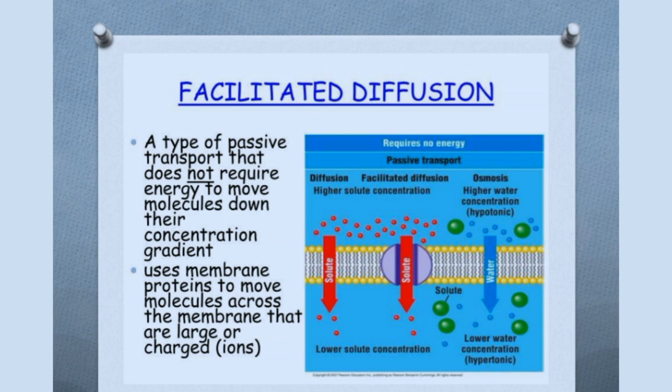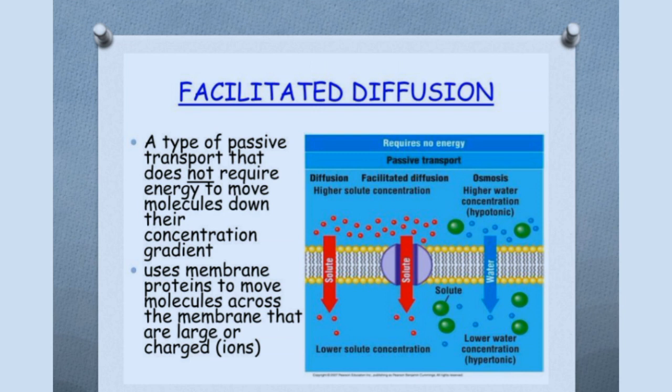It is a type of passive transport that does not require energy to move molecules down their concentration gradient. So here they use the membrane proteins to move molecules across the membrane that are large or charged or ions. This facilitated diffusion process doesn't require energy. It is an example of passive transport.